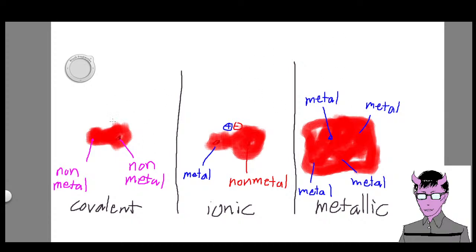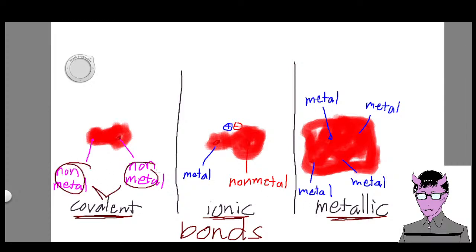Alright, those are the 3 main types of bonds when we talk about chemical bonds. So here we go: bond number 1, bond number 2, and bond type number 3. Again, non-metal to non-metal is covalent. Metal to non-metal is ionic, full stealing of electrons.